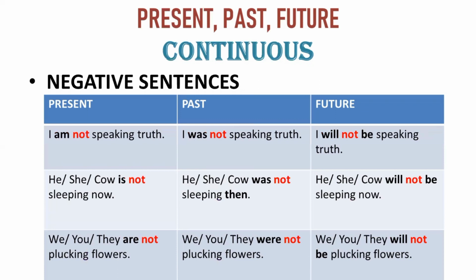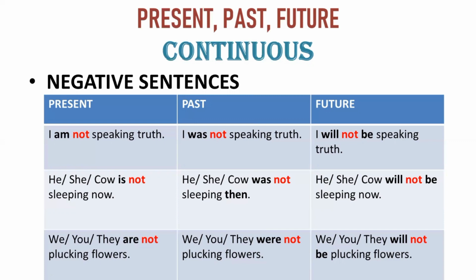When we move to negative sentences, negative formation in continuous is quite easy. You have to just insert or put not after helping verb. So that is how negation is formed. You can see here that after am, is, are, we have inserted not, and our negative sentences are formed.